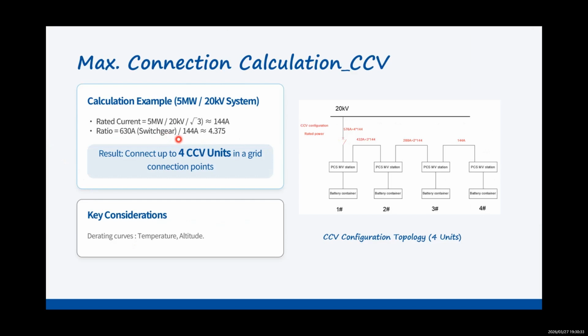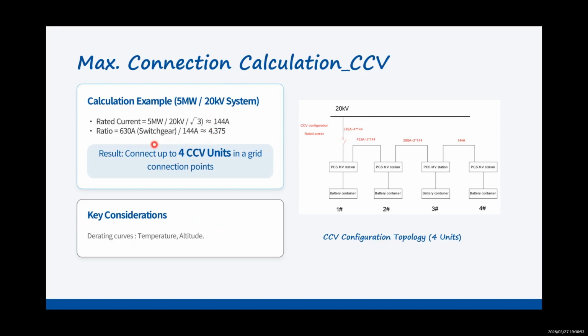Let's say the grid voltage is 20 kilovolts. A single PCS MV station unit is 5 megawatts. The rated current of the medium voltage switchgear is 630 amps. We ignore the efficiency loss.